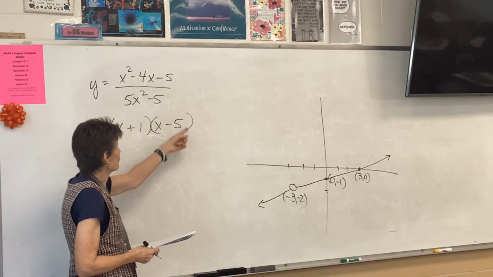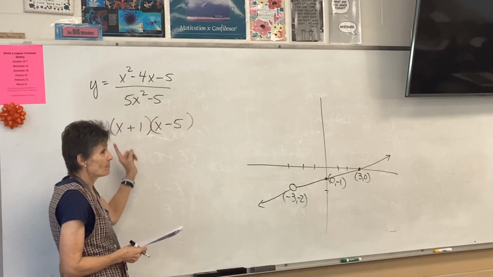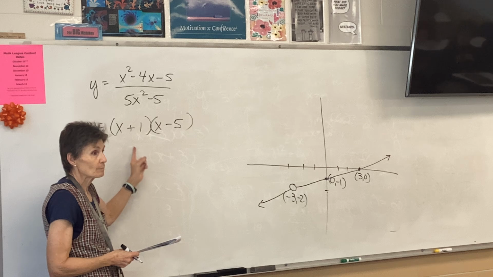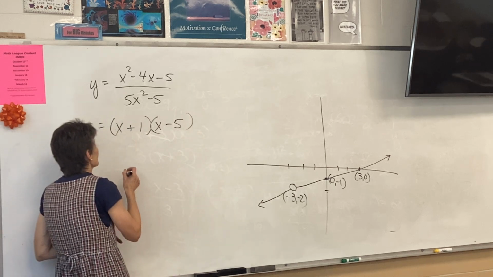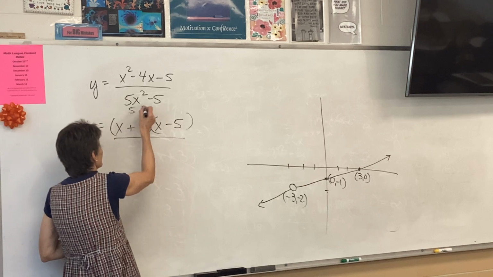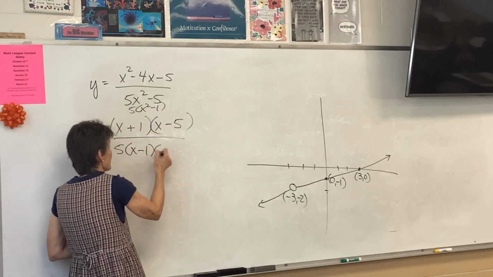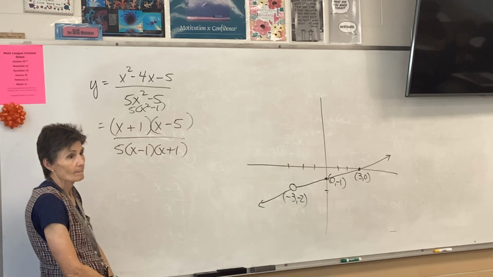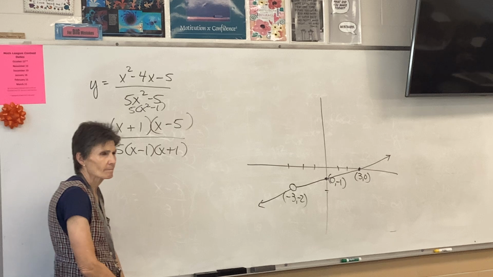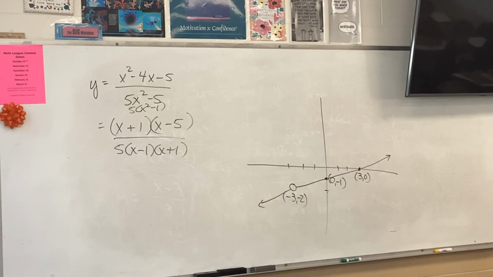So is this the correct factorization? FOIL it back. Does that give me that? Yep. How about my bottom? You got 5 times (x squared minus 1), and x squared minus 1 is (x minus 1)(x plus 1). So now I am completely factored. Would you agree with that? Yes.